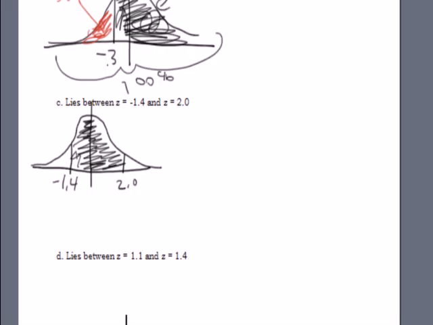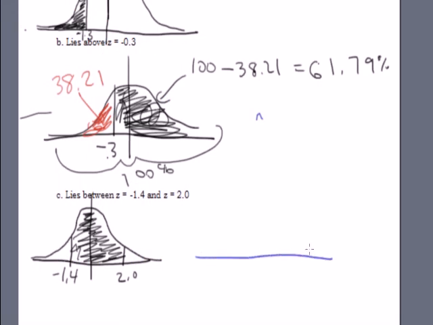Which is going to tell me that if I look at the following couple of pictures, and you're welcome to draw better pictures than this, right there, that amount should be 8.08% or so of the data items.